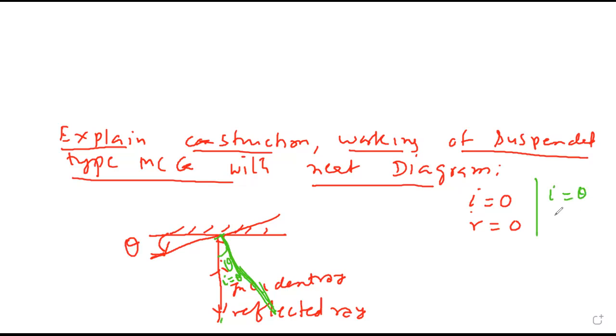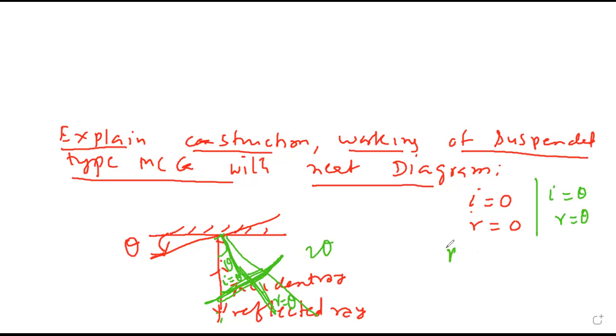If i is theta, then r will be theta because angle of incidence is equal to angle of reflection. So from the original position, the reflected ray rotates by 2 theta.